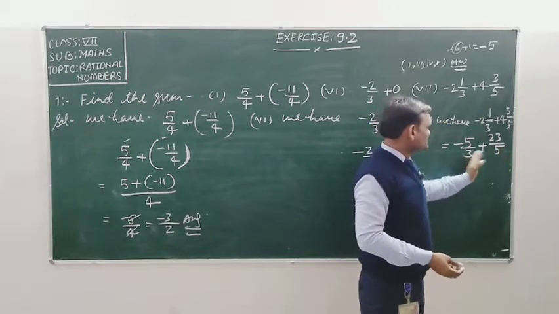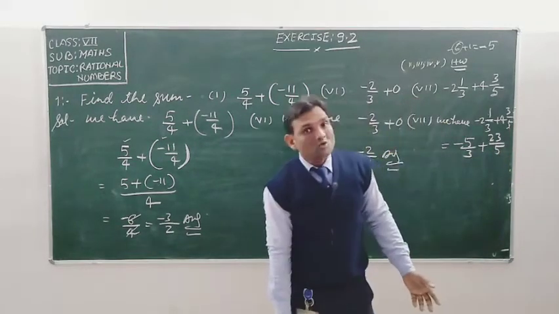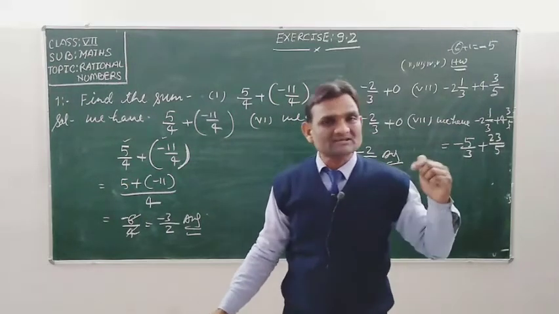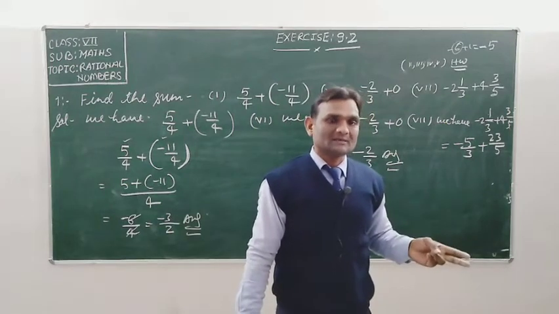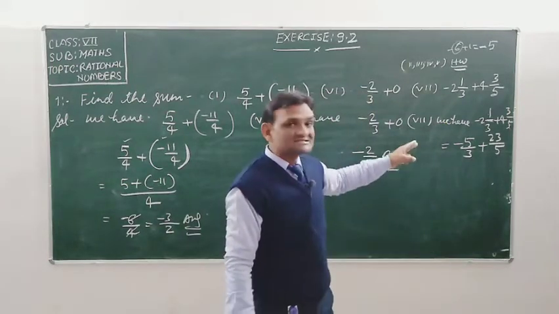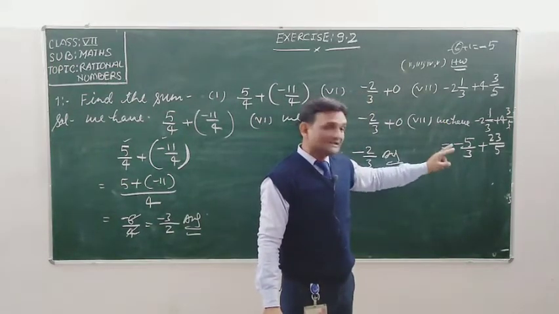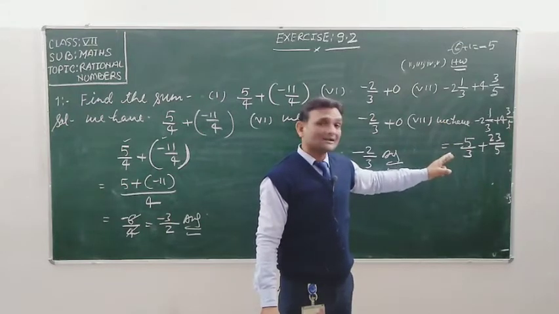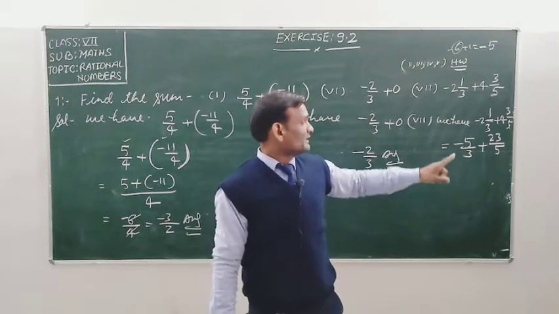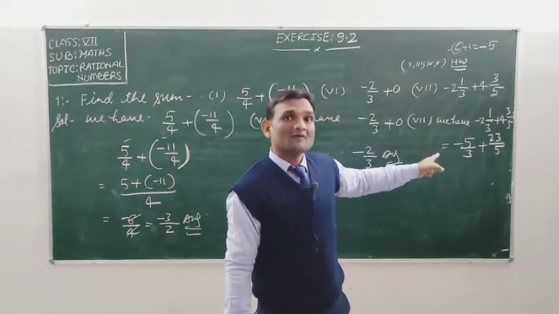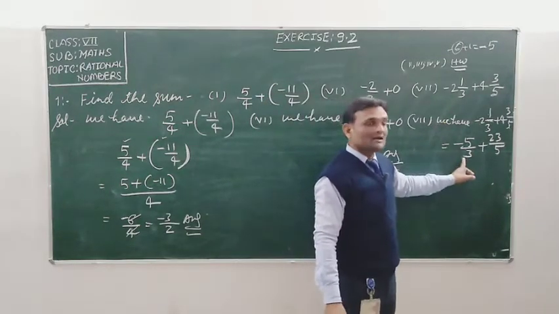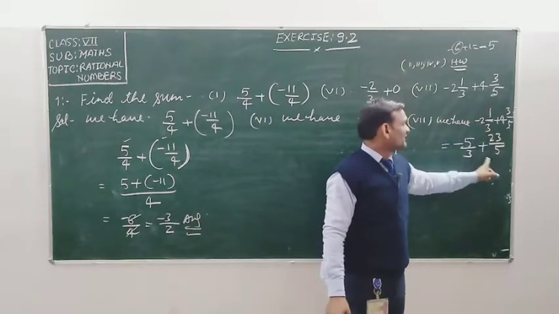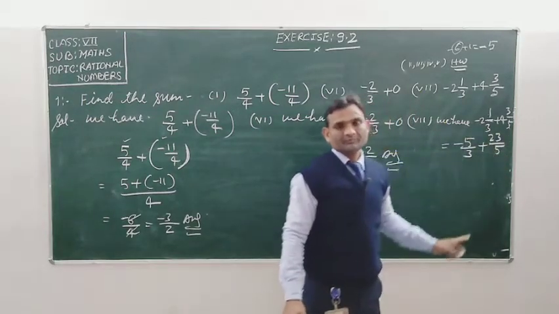And the denominators of both rational numbers are not the same. So how can we add? I have told you in the fraction chapter: if two fractions are given and the denominators are not the same, then for making the denominator the same, we multiply the denominator of the second fraction into the whole first fraction, and the denominator of the first fraction into the whole second fraction.